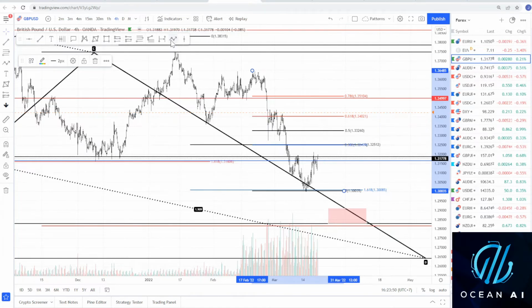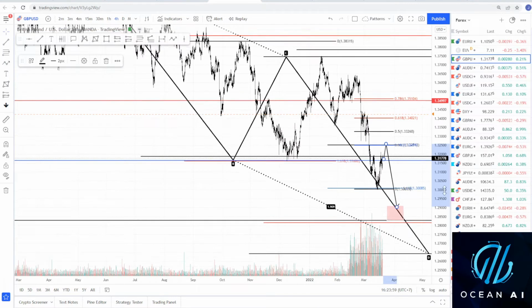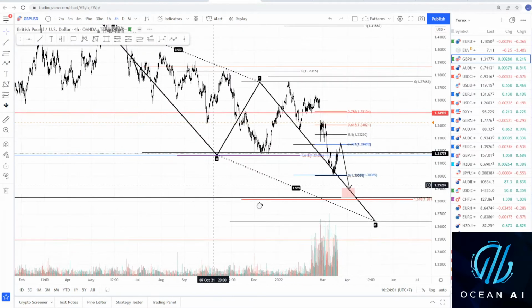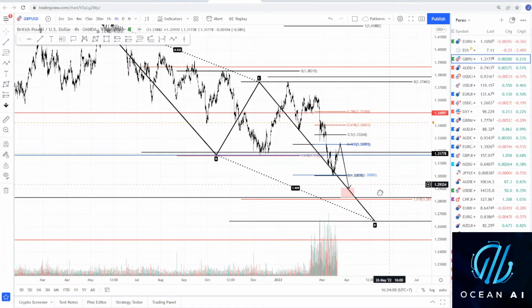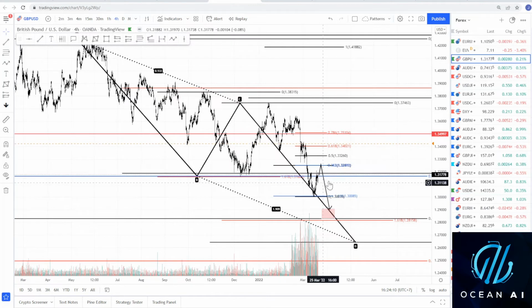If we can get one more move up there, we'll be able to find a spot to get short and get this last move down. We also have the bigger pattern that would take us down to 127, 126 area. This ABCD here, so plenty to watch with the pound there.